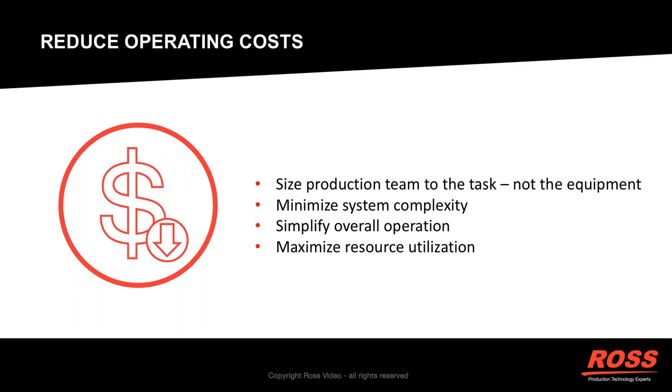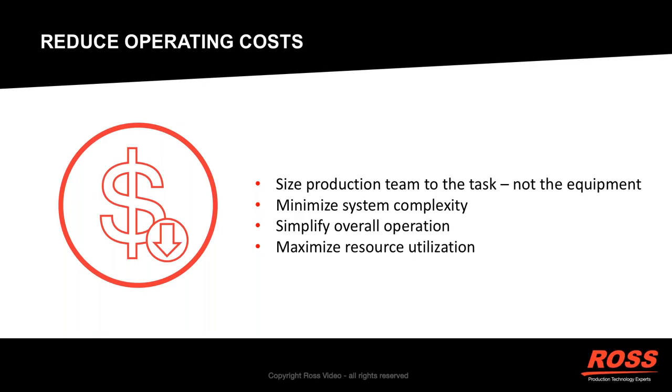So ideally, in today's environment, we really want to size the production team, the staff, to the task and not to the equipment. And when you think about that, a traditional production system, a traditional control room has very specific products, production switcher, graphics systems, audio, etc., and an operator for each of those stations.